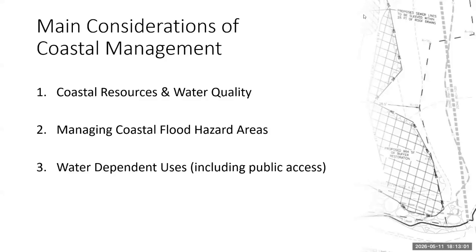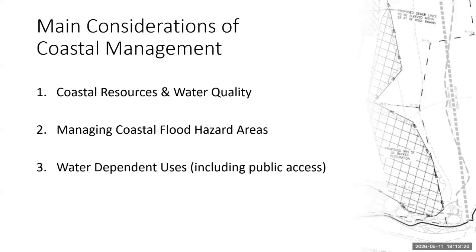There are three main considerations of coastal management in Connecticut. It's protecting coastal resources and water quality. It's properly managing coastal flood hazard areas. And it's prioritizing water dependent uses at waterfront sites.